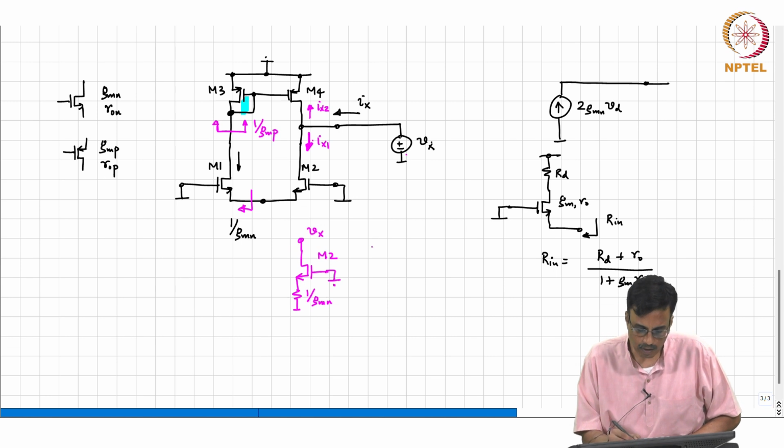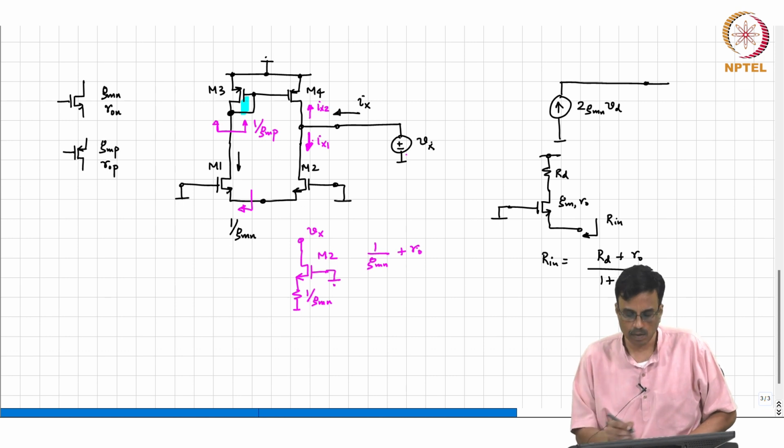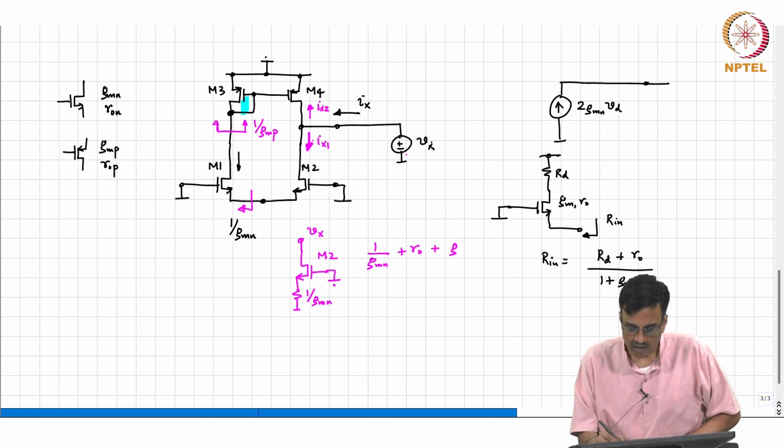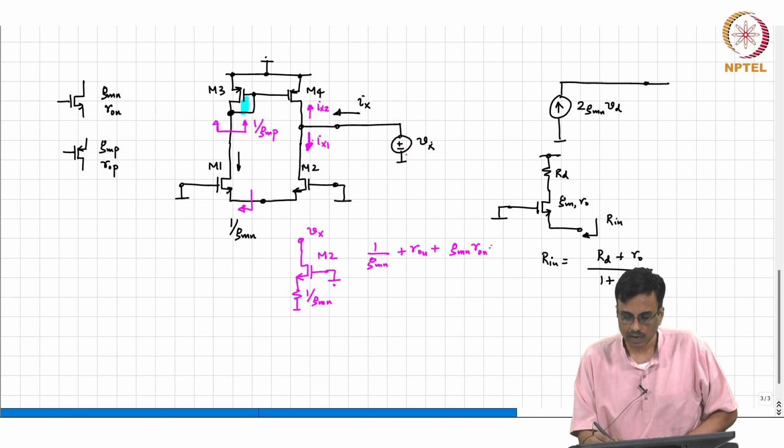Pardon, 1 over gmn plus r0, plus gmn times ron times 1 over gm. Very good.